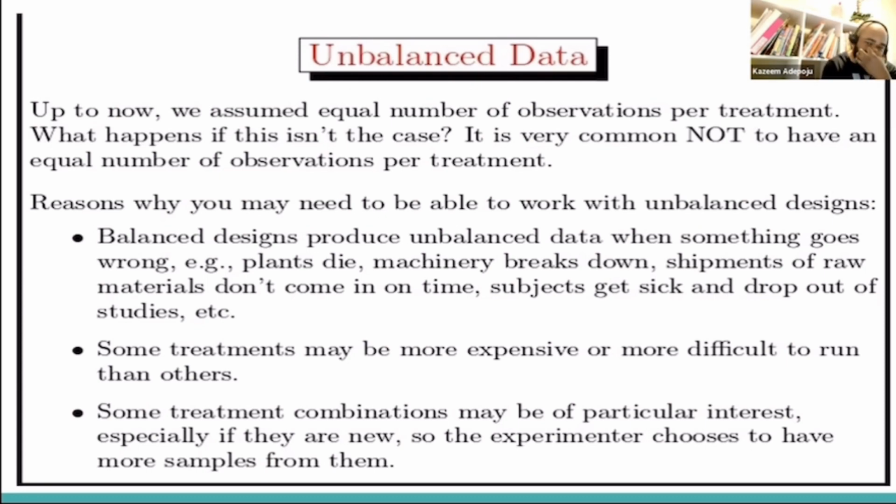What if you are working with a particular machinery that is producing something and there's a breakdown, or the shipment of raw materials doesn't come on time? I remember when we were faced with a supply chain issue. What about the medical field, where we use volunteers in a clinical trial, and some of them may drop out of the study, or a subject could get sick?